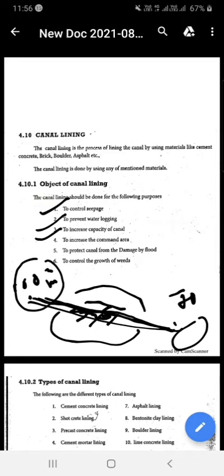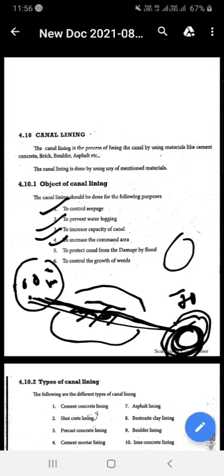Okay, so next is to increase the command area. So what is command area? Suppose we have this much area of soil, of fields, that needs to be irrigated, but only 70 goes. What happens if only 70 goes? Then out of the entire field we are only able to irrigate this much portion.